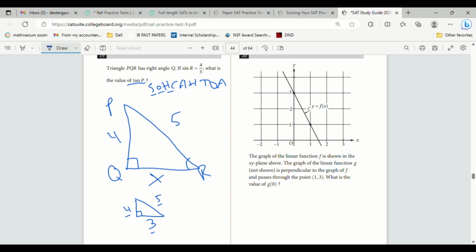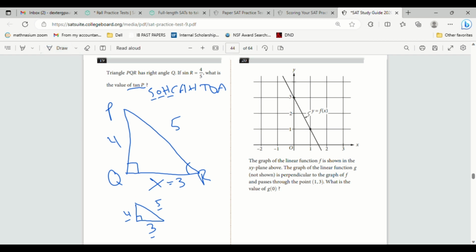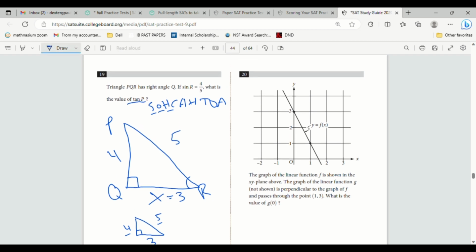If you see any two of these side lengths, you can know the third. So x equals 3, and you can check this with the Pythagorean theorem: 3 squared plus 4 squared equals 5 squared. And so we know that tangent of P, tangent is opposite over adjacent. So here's P, opposite over adjacent, so 3 over 4.